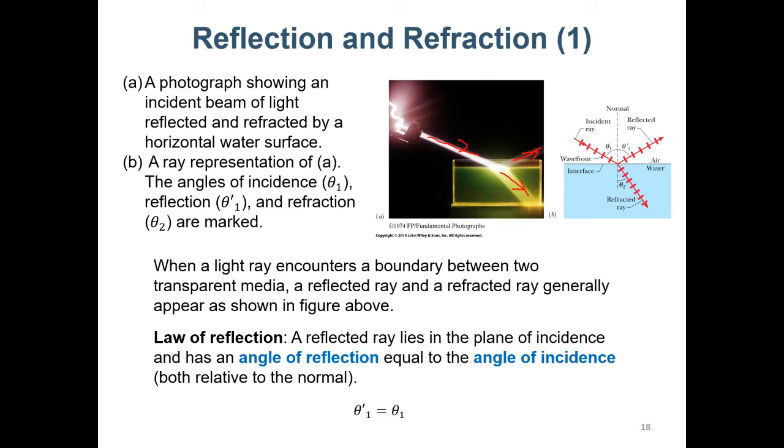So actually for reflection, this law is very simple. It's nothing but theta 1 equals theta 1 prime, 入射角等于反射角。So it's mentioned about the normal line, which means the line perpendicular to the surface.